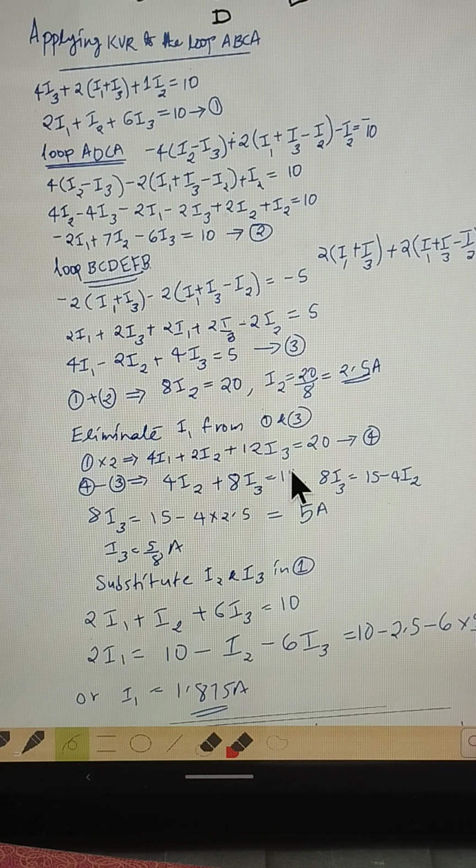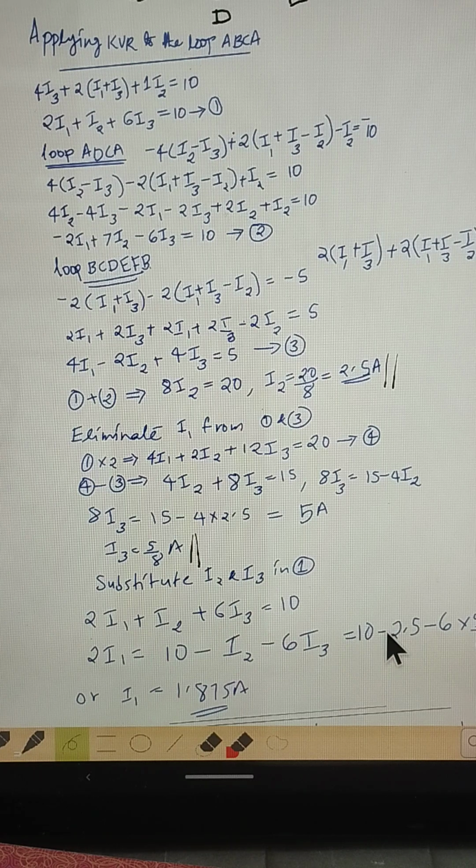So 8I3 is equal to 15 minus 4I2. The value of I2 we have already calculated. Substituting the value of I2 in this equation, we can find I3. Now we have got I3, and I2 we already found. Then substituting the values of I2 and I3 in equation 1, I1 can be calculated. Equation 1 is 2I1 plus I2 plus 6I3 is equal to 10, so 2I1 is equal to 10 minus I2 minus 6I3.